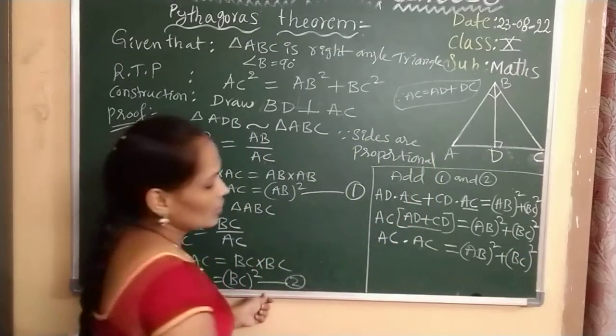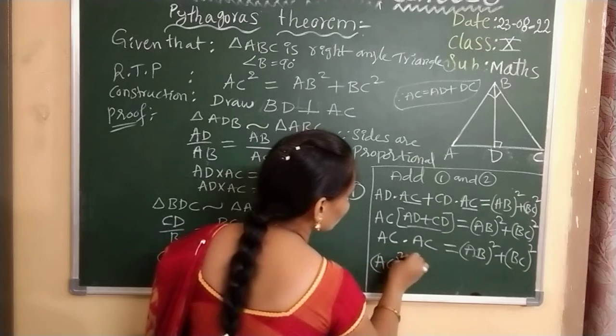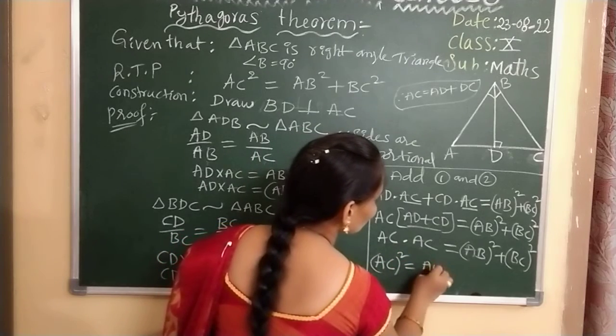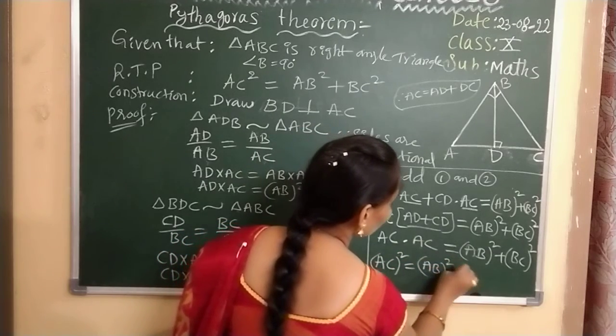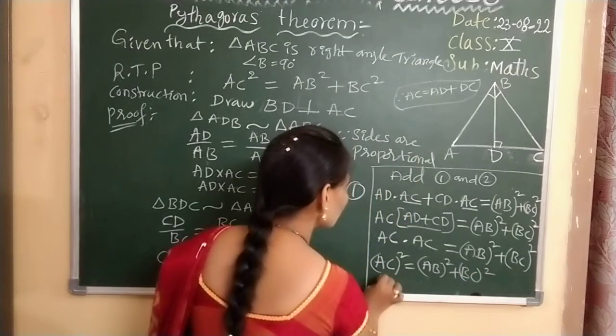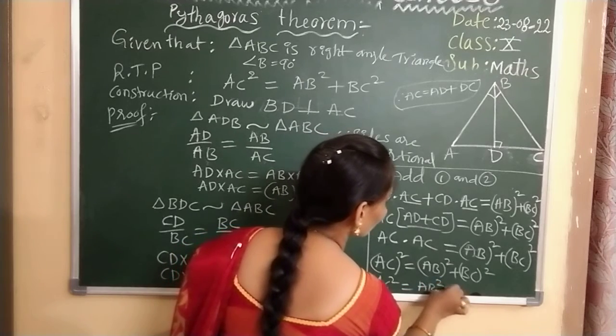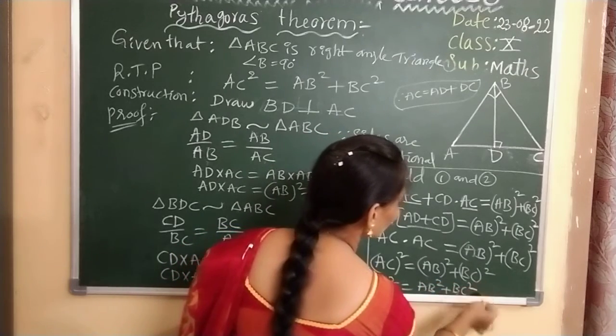Now AC into AC is AC square. So AC square is equal to AB square plus BC square.